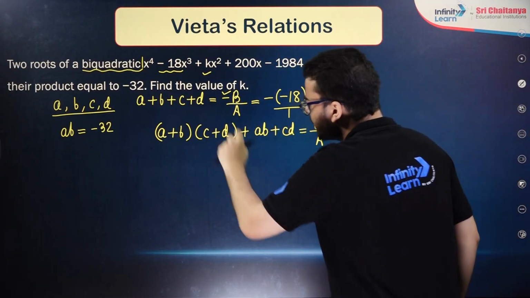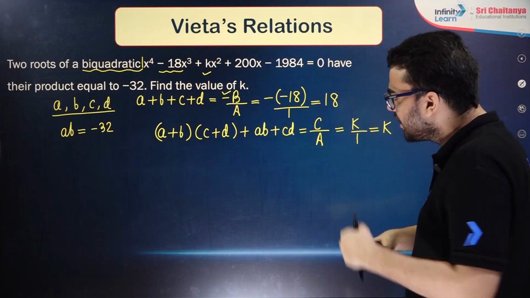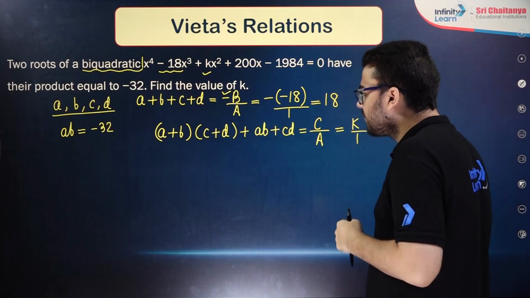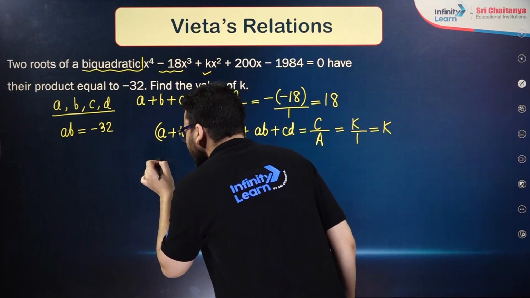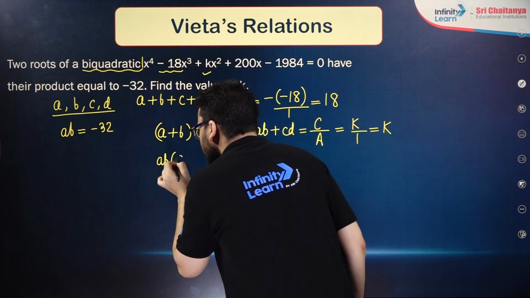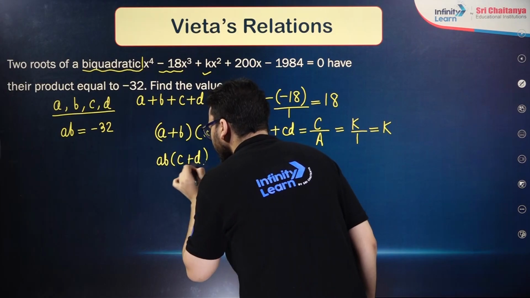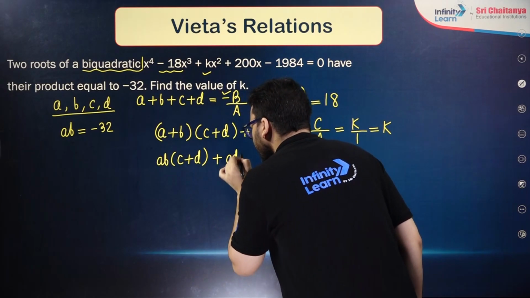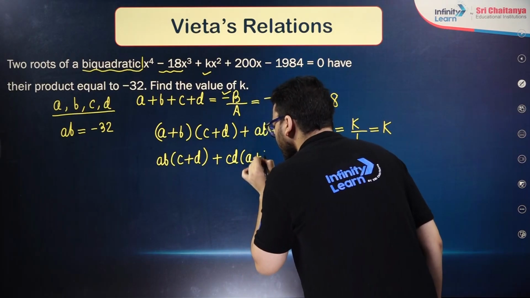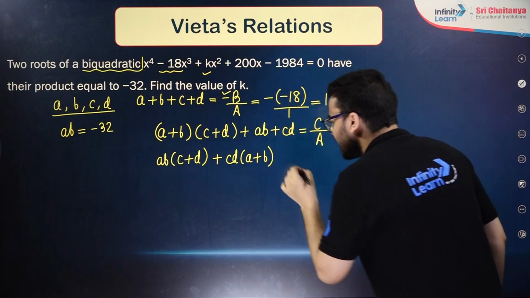So this is the complete situation over here. And then if you take 3 roots at one time, what is the product, guys? What is the pattern? If you remember, that is ab into (c plus d) plus cd into (a plus b). I hope that is clear. And that thing will be what?